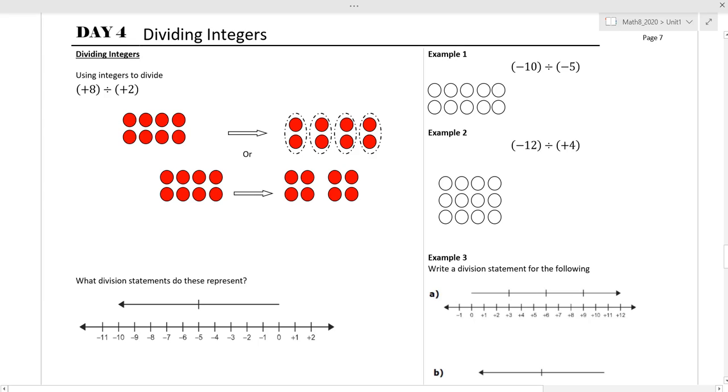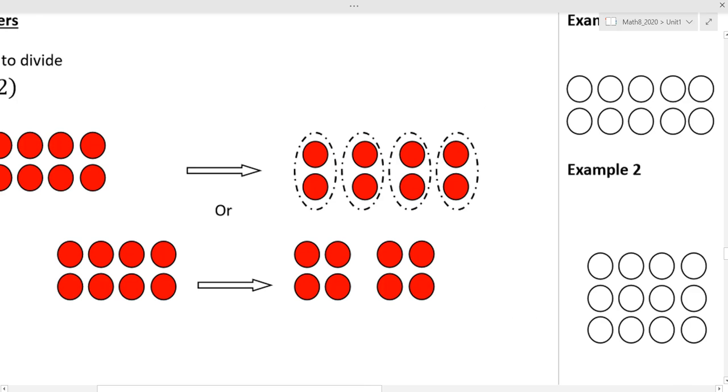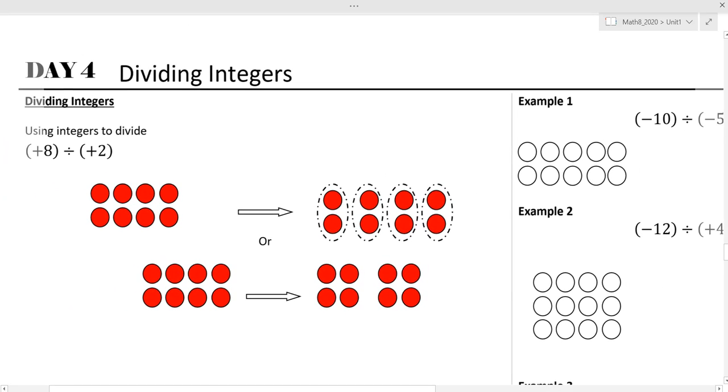So division is just the reverse of multiplication. Sometimes if you look at it pictorially, it'll get a little confusing. So if you go 8 divided by 2, what does that mean? It equals 4, right? And you can represent it in a picture in two ways.